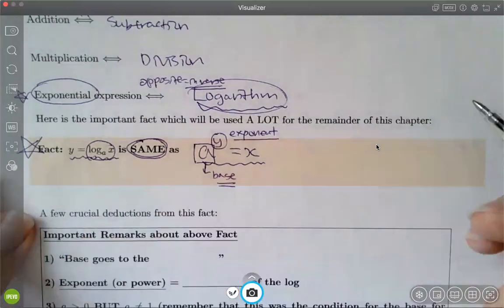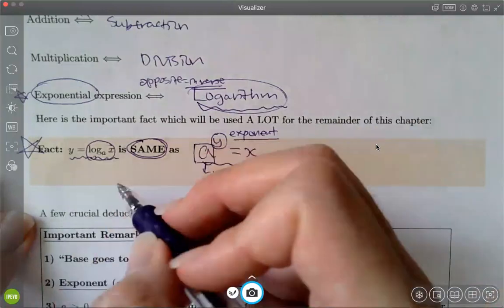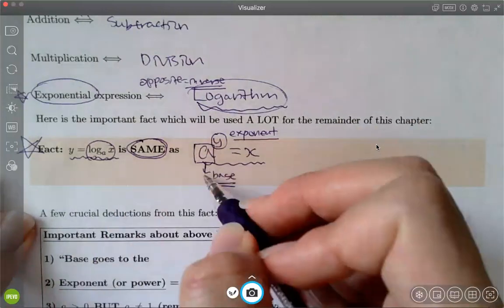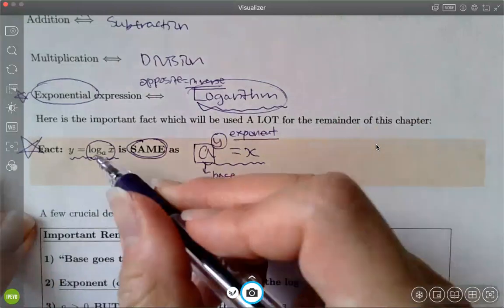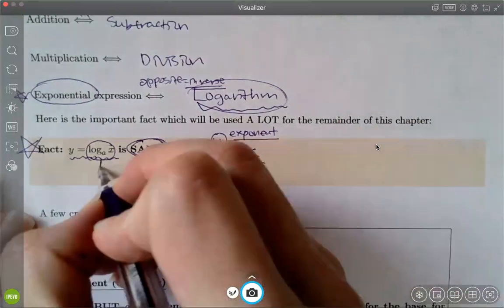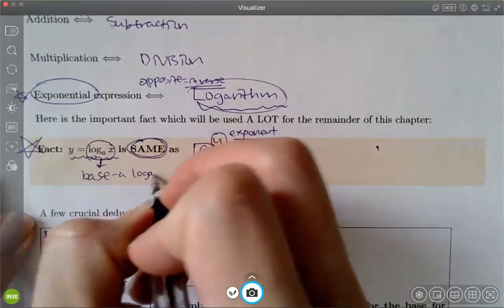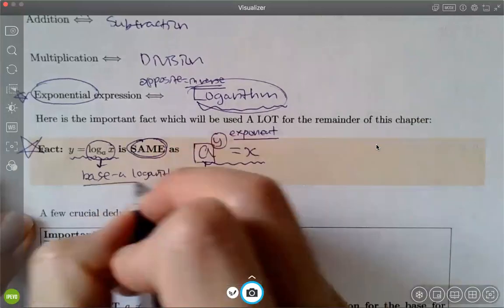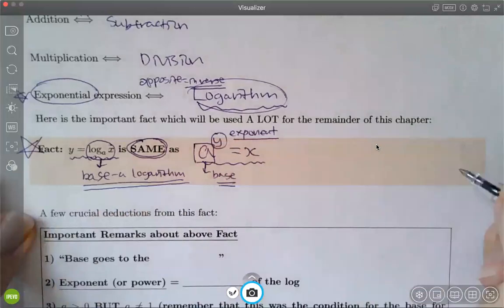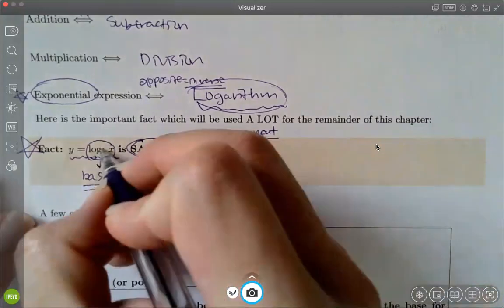But now this is the base not of the exponential form, but of the log. So we say this is the base a logarithm. It's not base c logarithm, it's base a logarithm, because that little thing is called the base as well.